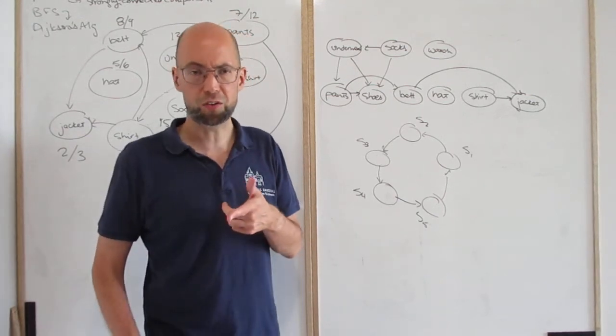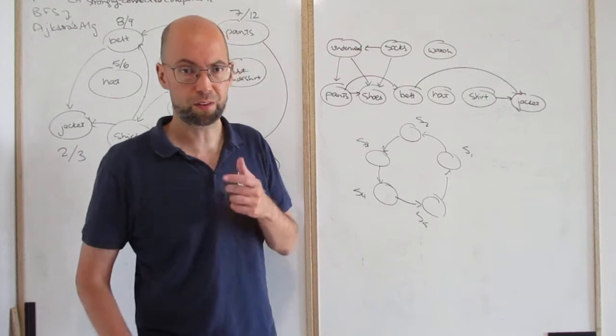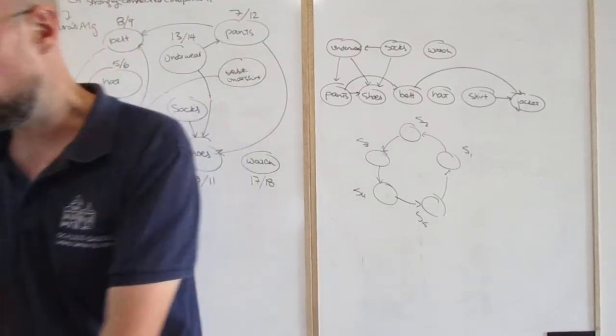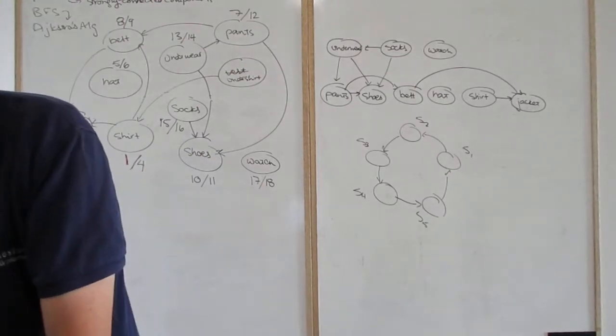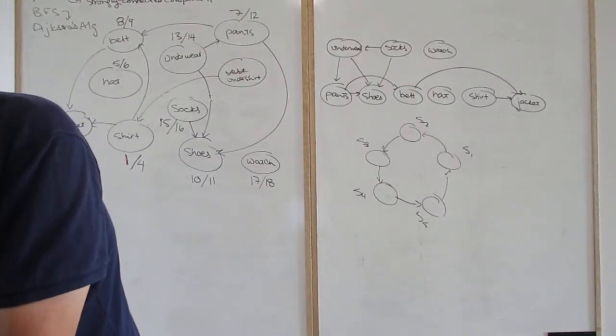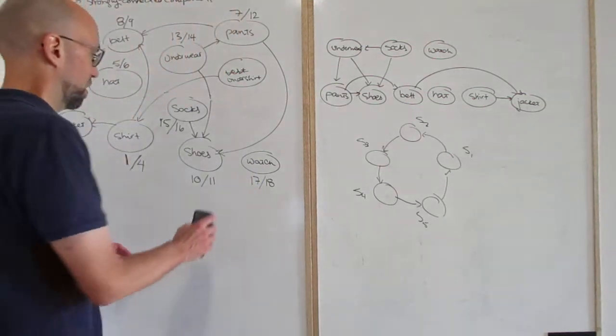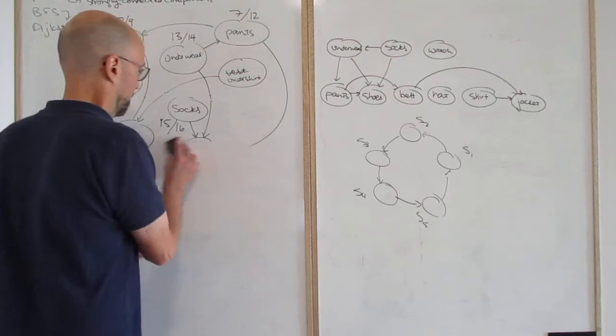Because now we're on to our second third of the class. And now this time I'm actually going to copy the graph. Yes, I'm actually going to copy the graph this time.